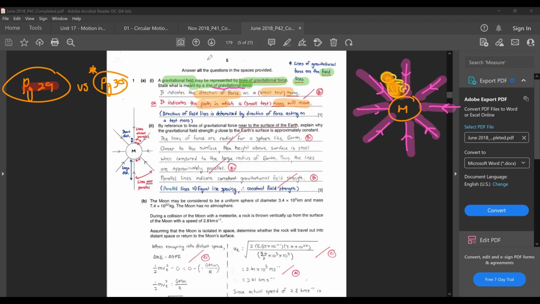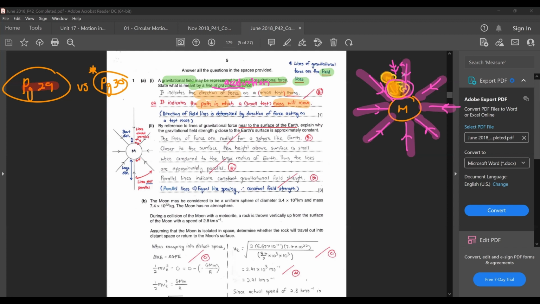In some variations of the same question, the force may be replaced with another term, acceleration. It indicates the direction of acceleration on a small test mass, which is also true because this Fg is your resultant force. The resultant force in turn causes an acceleration.